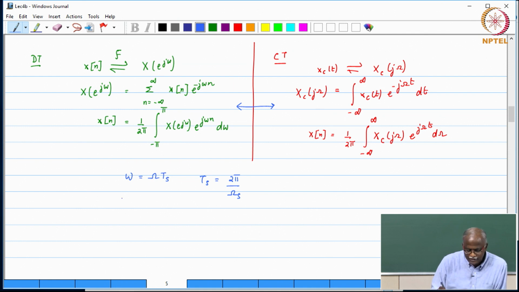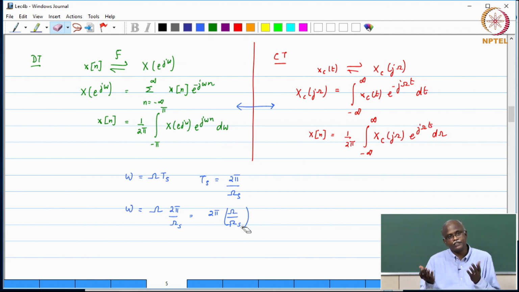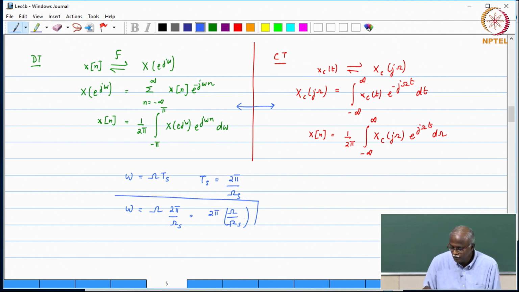So basically any continuous time frequency omega can be mapped to the corresponding discrete time frequency using 2 pi by omega s, or 2 pi times omega by omega s. Okay, it's as if you took the continuous time frequency, normalized it by omega s and then mapped it in the range 0 to 2 pi, omega s equals to 2 pi. So again this is a useful relationship, simple one, but it helps us be able to map from one domain to the other.